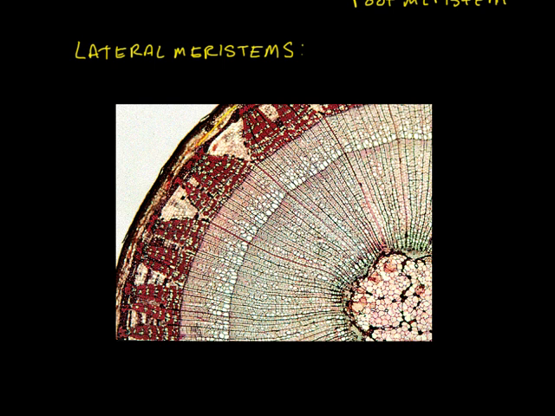But right here in this region, you see that there are some very tightly packed cells, and this is a lateral meristem. In the stems, we refer to this as a cambium layer, and it is growing cells inward, which pushes the actual cambium and the growth outward, increasing diameter.